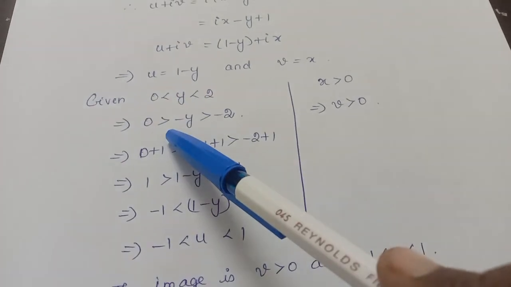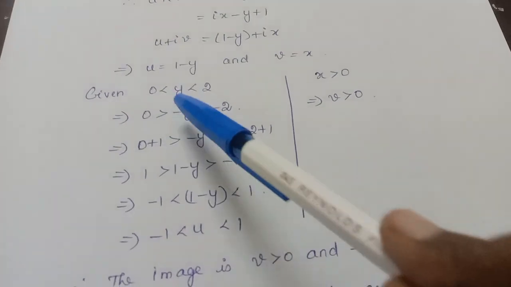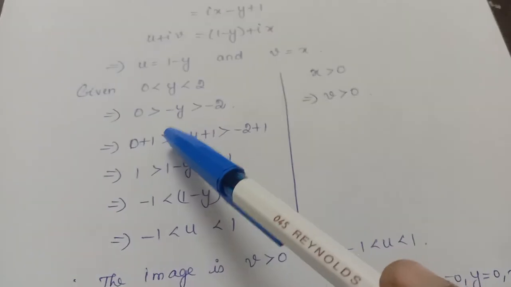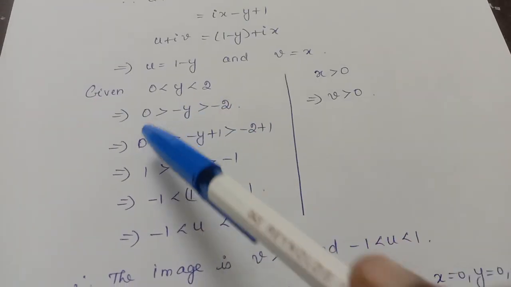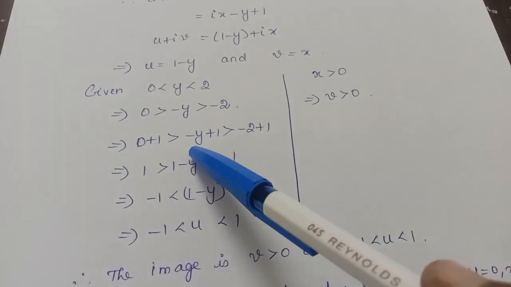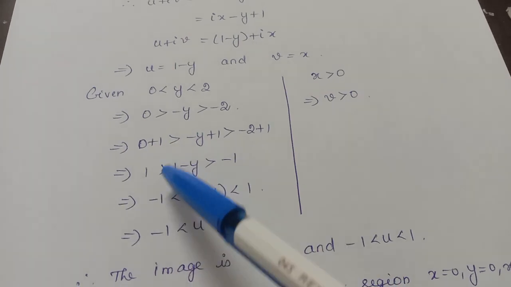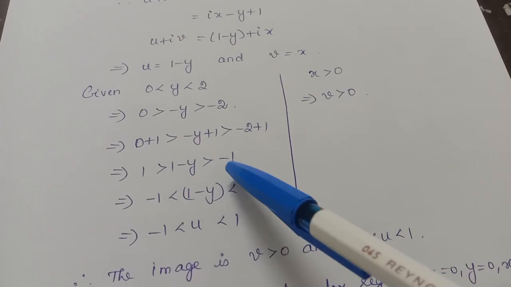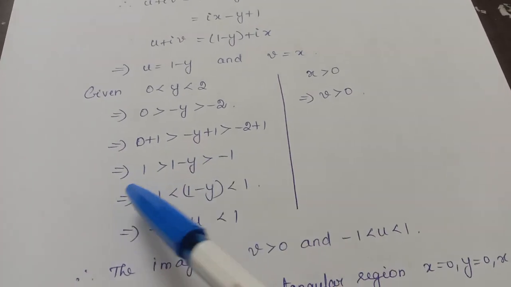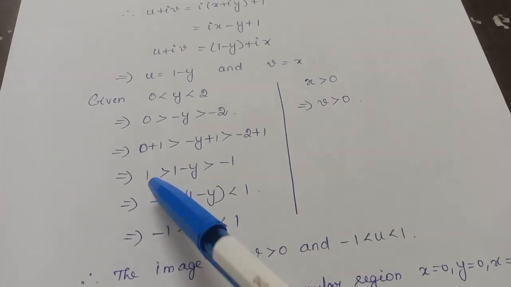If it is less than, it will become greater than. So 0 greater than minus y greater than minus 2. Now add 1 throughout. So 0 plus 1 is greater than 1 minus y greater than minus 2 plus 1. That is 1. So 1 greater than 1 minus y greater than minus 1. This way how can we write? Just reverse it. Minus 1 less than 1 minus y less than 1.